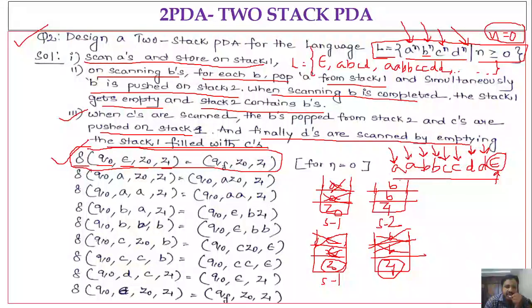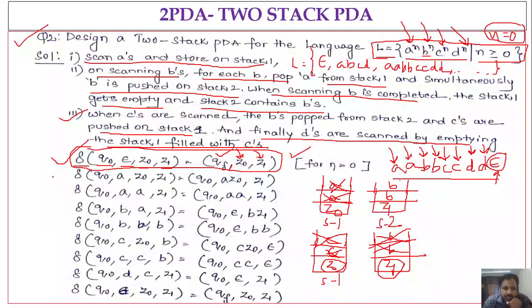Because the n value is starting with 0, the first string that is going to be accepted by this 2 PDA will be epsilon. So Q0 comma epsilon comma Z0 comma Z1 means you will go to the final state QF by pushing Z0 onto the stack 1 and Z1 onto the stack 2. Okay. So this is the case that was added here because n value is equal to 0.